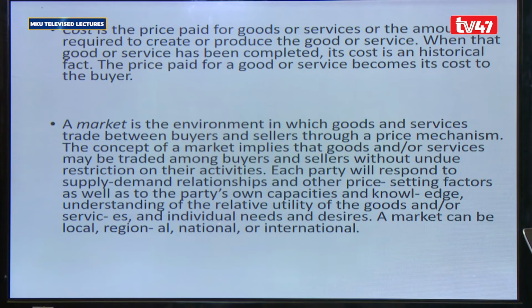Each party will respond to the demand and supply relationships and the price-setting factors, as well as the party's own capabilities of knowledge, understanding, and relative utility to be derived from the goods or services, and the individual needs and desires. So a market can be local, regional, national, or even international.